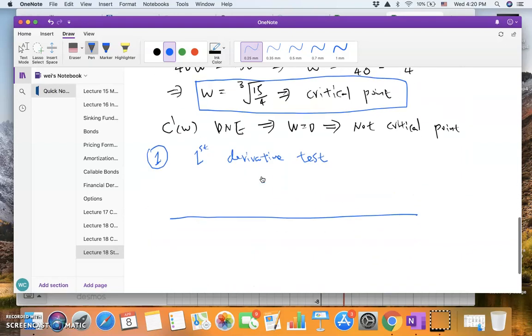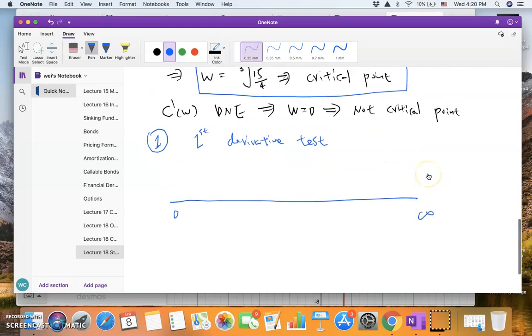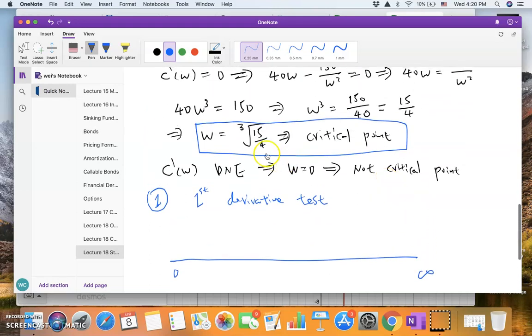So the domain of the function is divided by this critical point. Now the cube root of 15 over 4 is around 1.554.